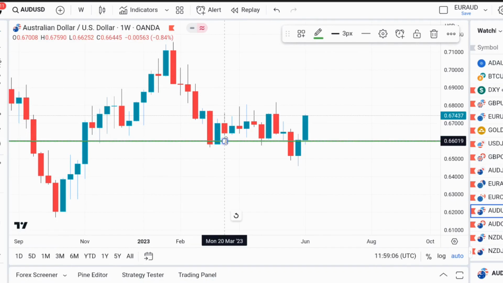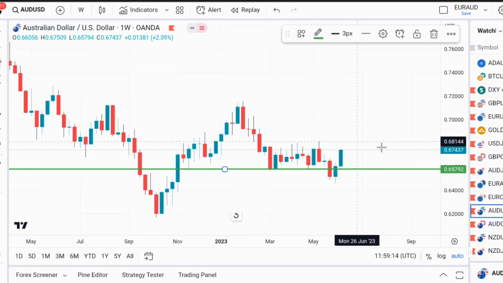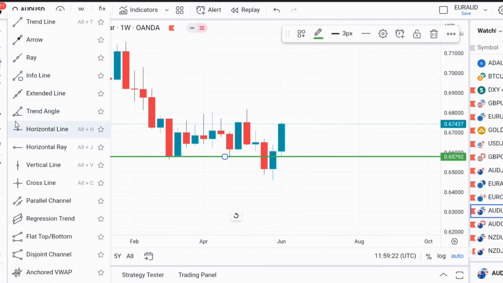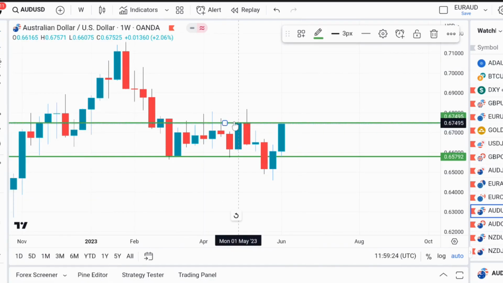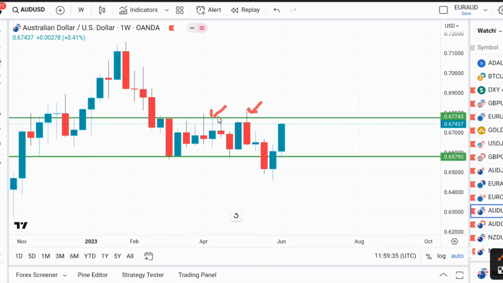We see it breaking back after we have a breakout of this support level. We see it breaking back to that particular area right there, but I'm still looking for a rejection at this particular area, because we are still in a resistance zone, and that resistance zone is very, very strong, because we have various rejection candles at that particular area right there.